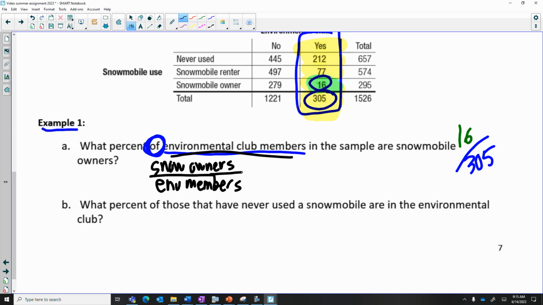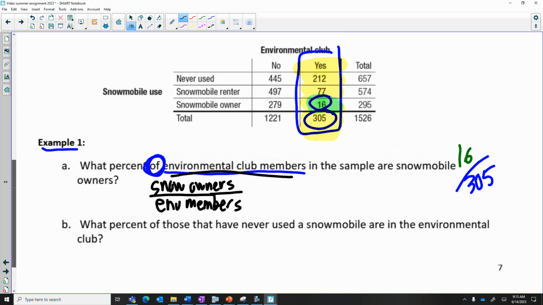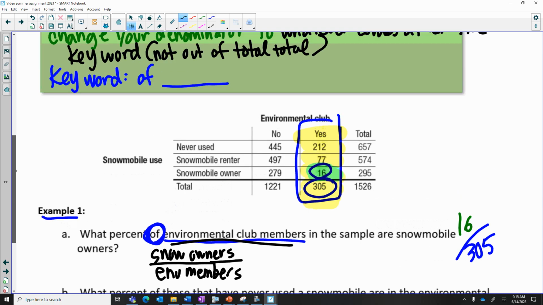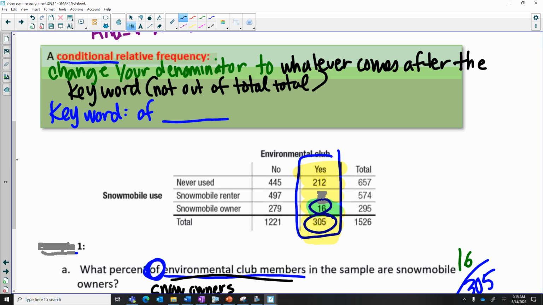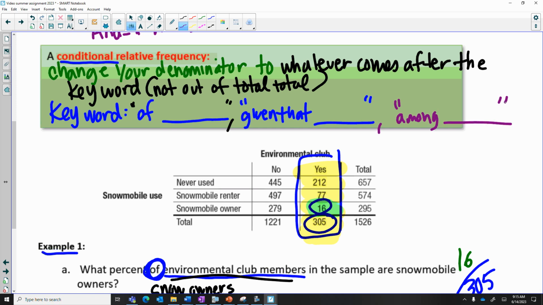Okay, you guys learned that this is called conditional probability in Algebra 2. And some other keywords that you may keep an eye out for are, besides of, given that they are an environmental club member, what's the probability they own? Another one would be among the environmental club members, what's the probability or what's the percent of people who own?